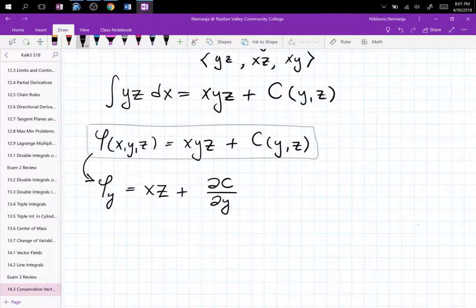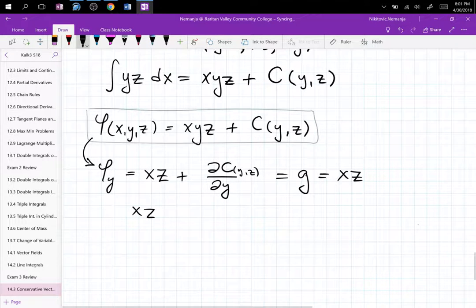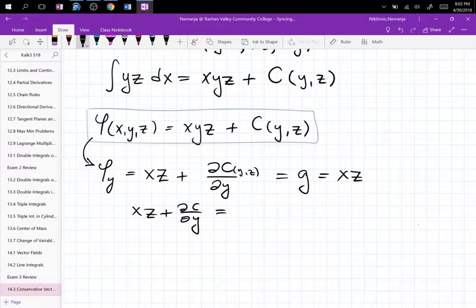You have two variables now, so proper notation would be the partial derivative of c. C is in terms of y and z, and that's a partial derivative with respect to y. You will set that equal to your g, which is xz. Great. When you compare xz plus partial c partial y equal to xz, you quickly see that partial c partial y is equal to 0.